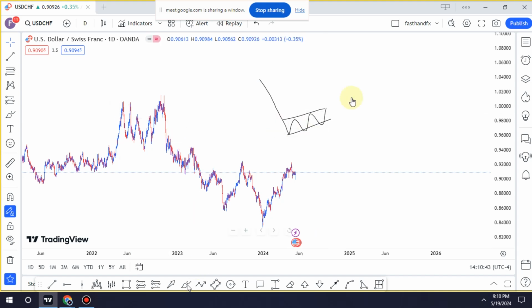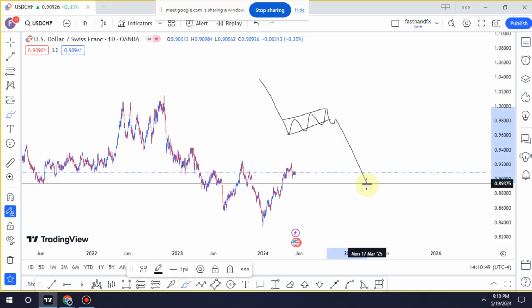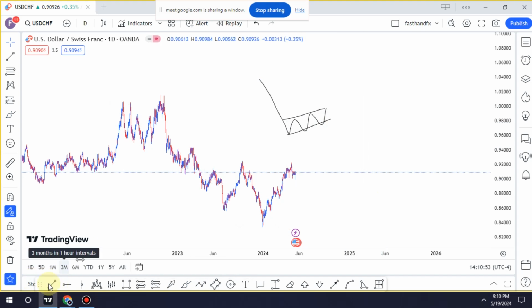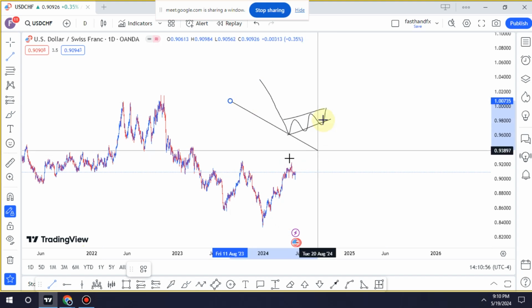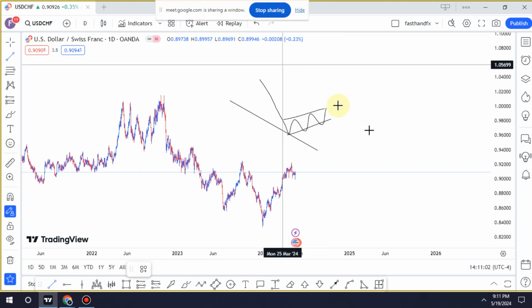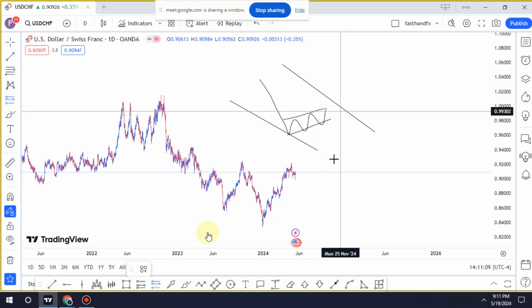So when you see this kind of a pattern, don't look for buys, just wait for breakout, take your sell position. But then remember, if we had a trend, like I said before, let's say we had a trend something like this, and you see the market's doing this, and probably there was another trend line right here, wait for the market to touch that trend line. That's when you take your sell position.